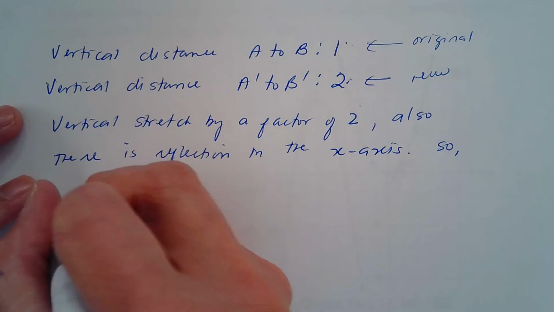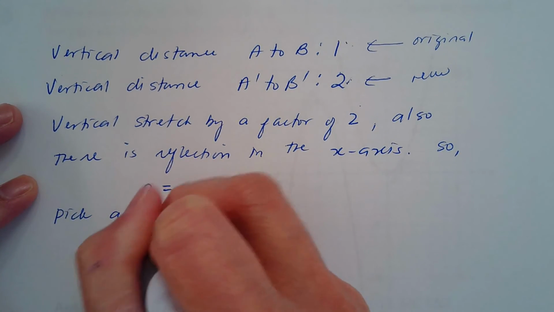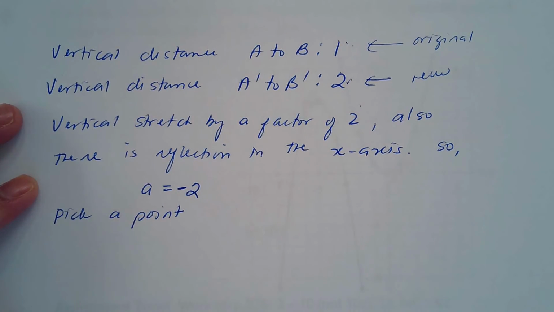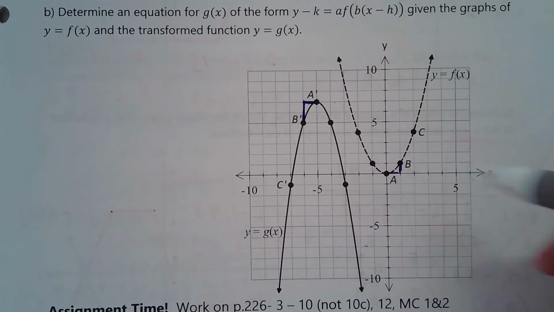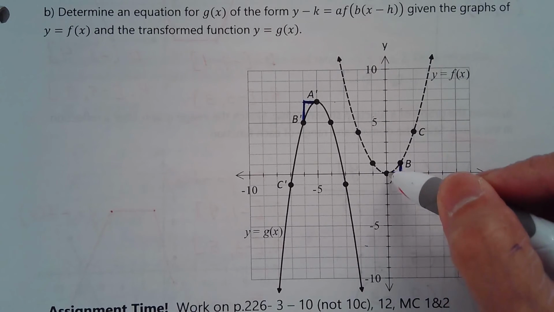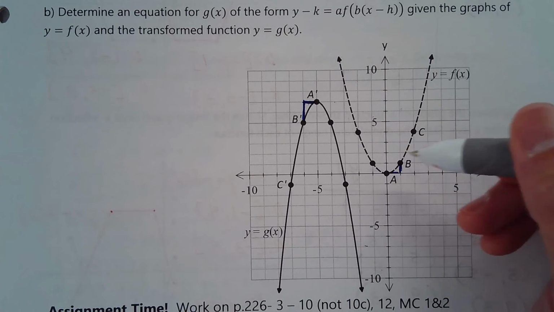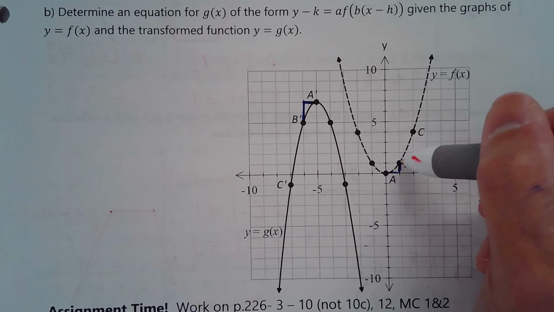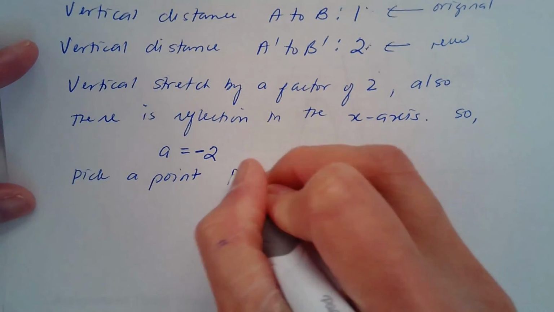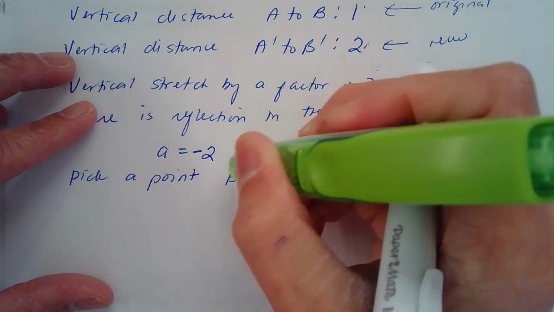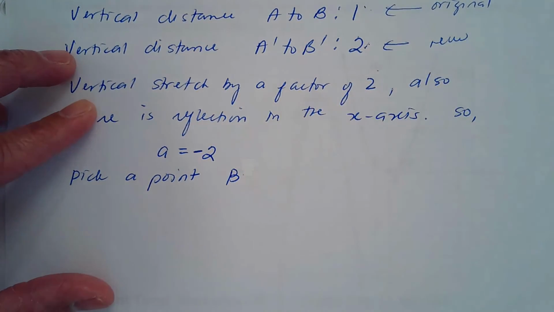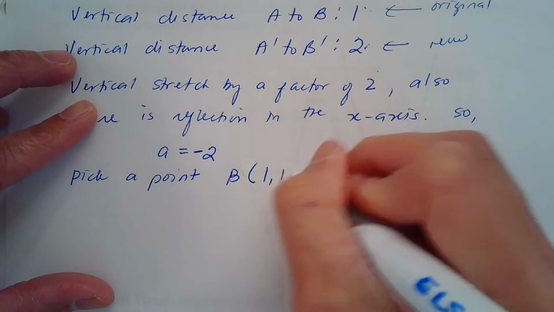Now we're going to pick a point that's not on the axis. Okay, we're not going to pick the one on the axis. So let's pick the B. B is 1, 1 again. Pick point B, not B prime, which is 1, 1.